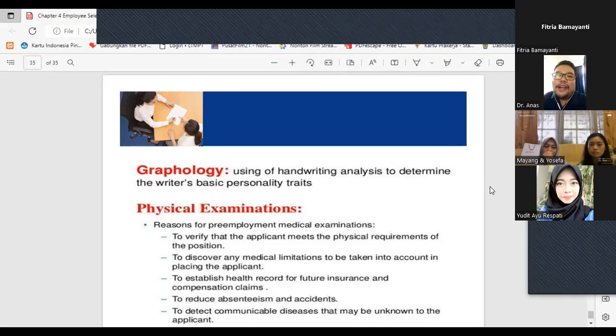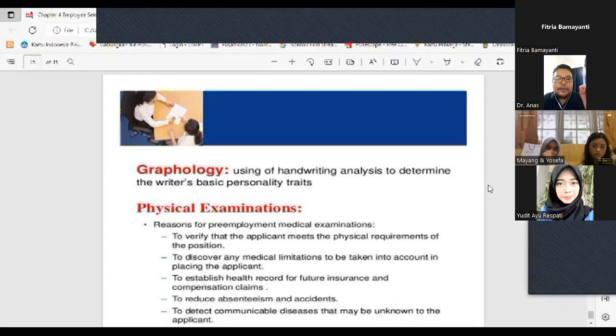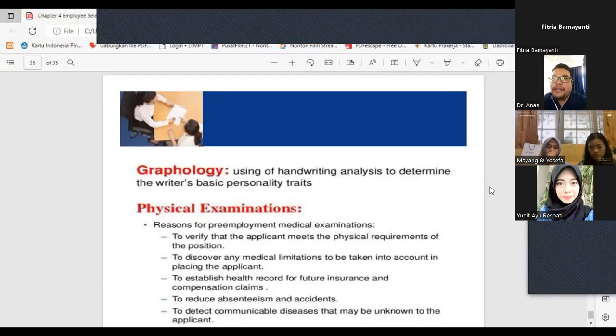So that's why some companies know that Dr. Anas's personality is extrovert. This is based on your writing, especially by psychologists who know what your personality is. And lastly, the physical examination.